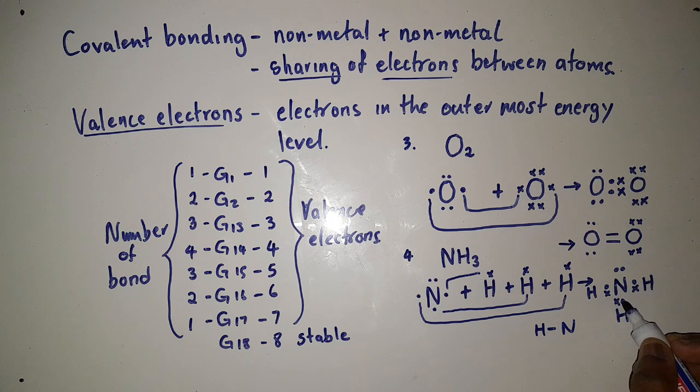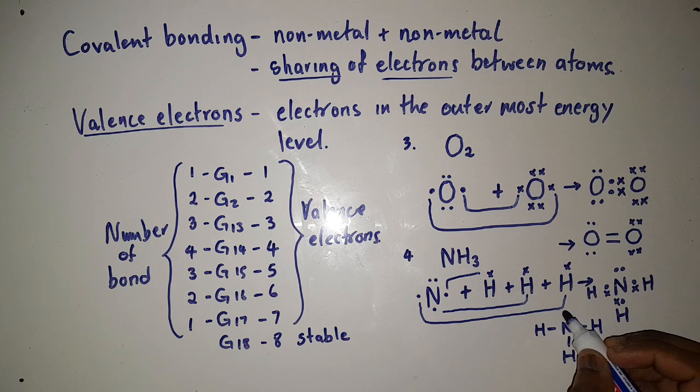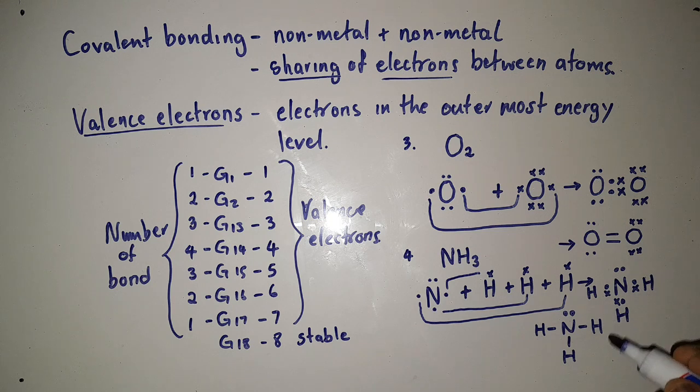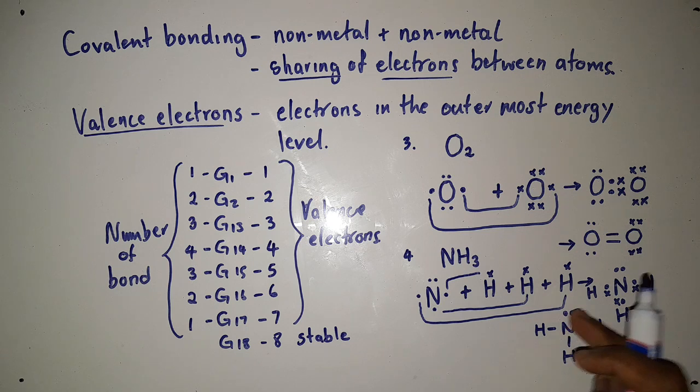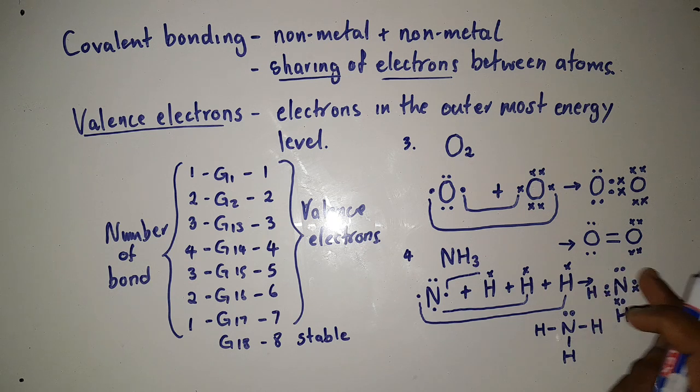Same for X and dot, we get another bond like this. Same as for this one, we get another bond like this. Then these ones, we call them lone pairs, like they are not paired. You see, unpaired electrons, we call them lone pairs. You see, like this. This is the Lewis dot diagram of NH3 with 3 bonds like this. You see? Then let us continue.